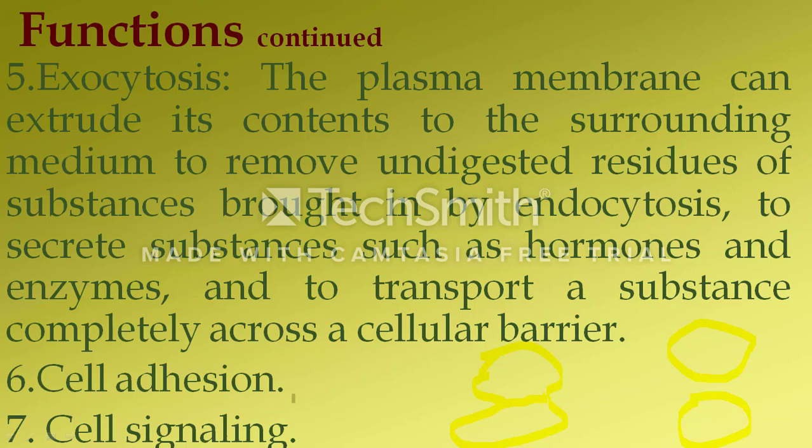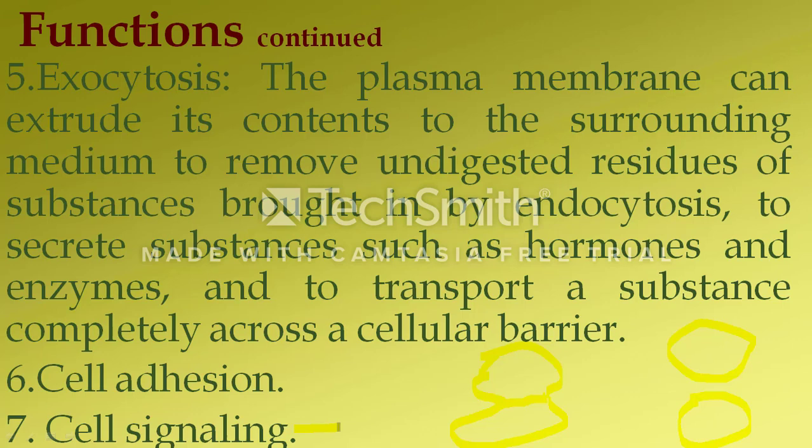Next is cell signaling. On the surface of the plasma membrane, we have specific molecules which play an important role in signal transduction, in transducing the signal of the pathogen perception or the specific molecules near its vicinity or near its surface.